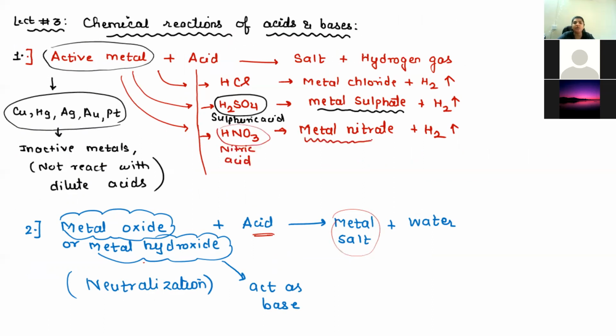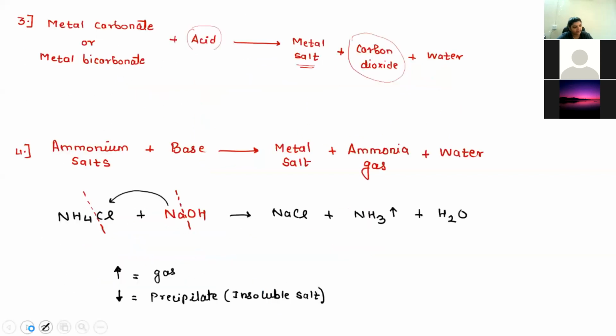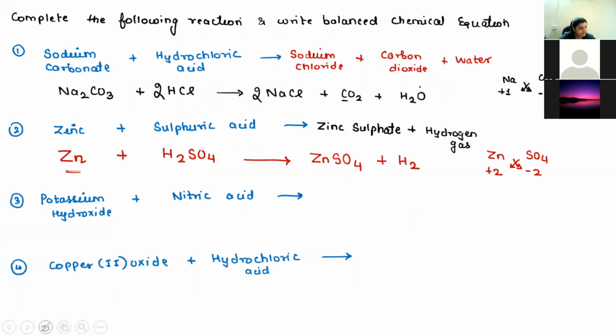If it is nitric acid, what kind of salt will you get? Metal nitrate. Correct. So over here you will get potassium nitrate, plus, if it is a hydroxide plus acid, you will get water as a byproduct.